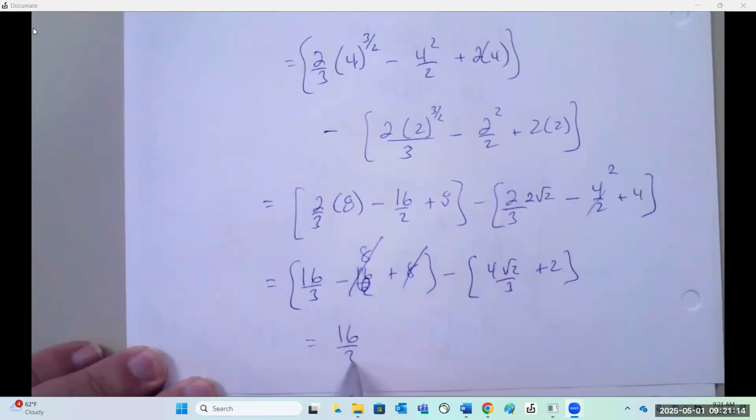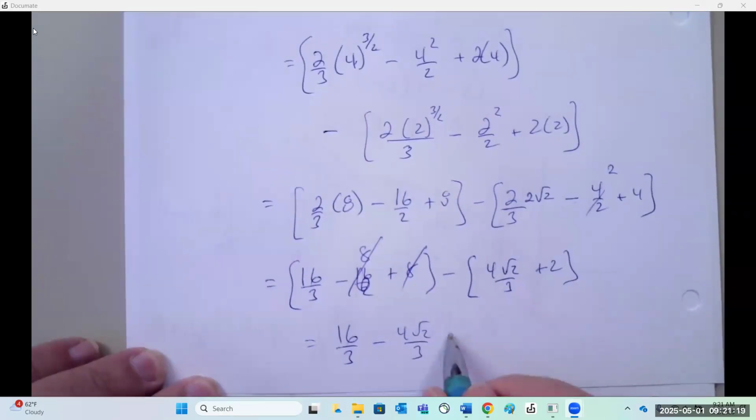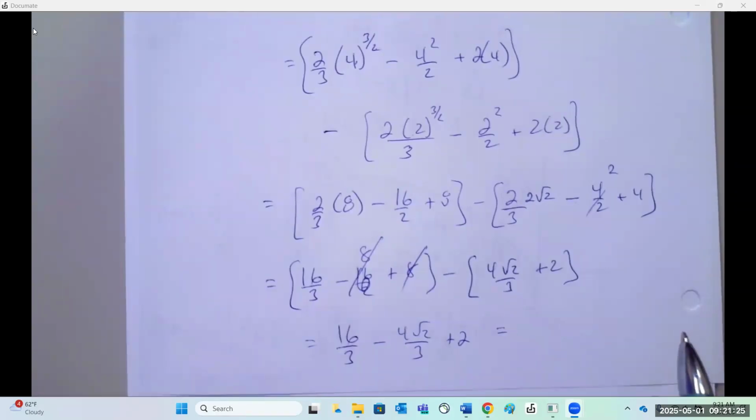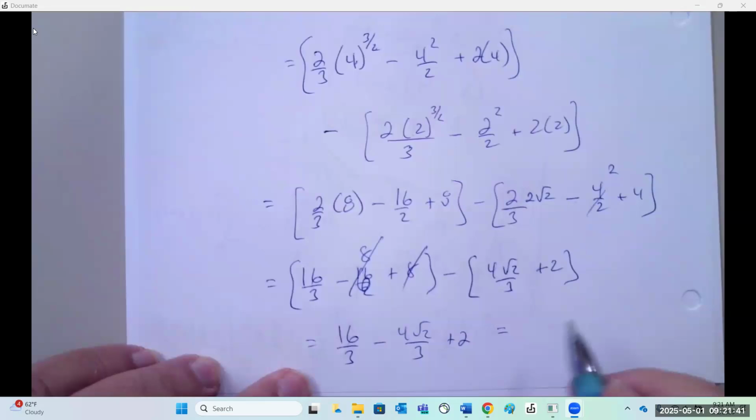So we have 16 over 3 minus 4 radical 2 over 3 plus 2. So we have 16 minus 4 radical 2 over 3 plus 6, which makes it 22 over 3.